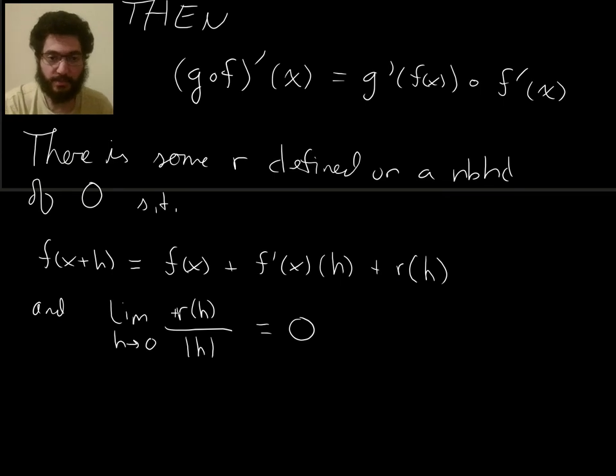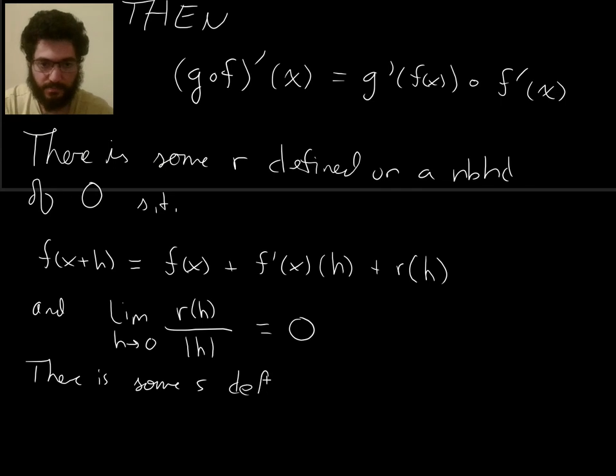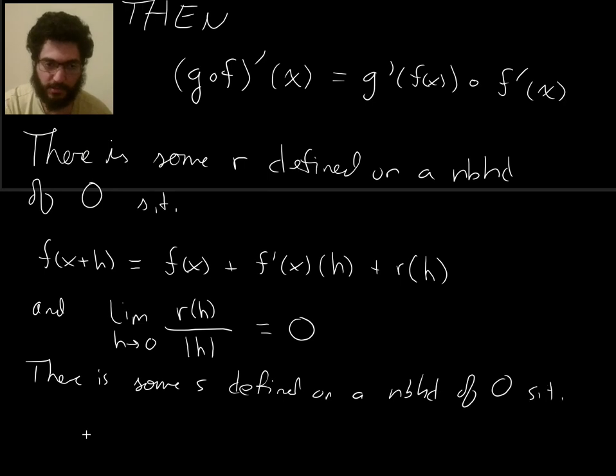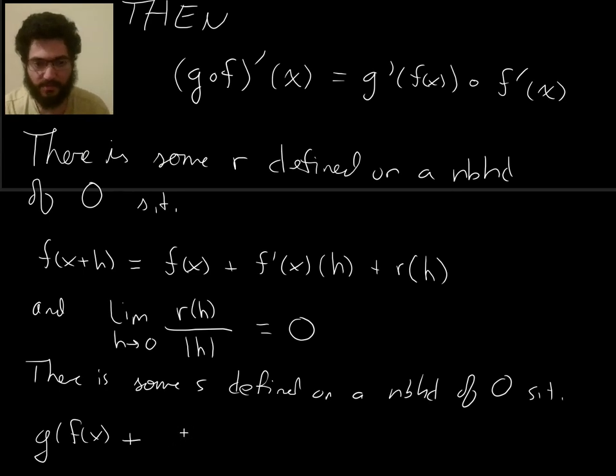And similarly, since g is differentiable at f of x, there is some s defined on a neighborhood of 0, such that g of f of x plus, and here's one of my mistakes last time, I wrote h here.